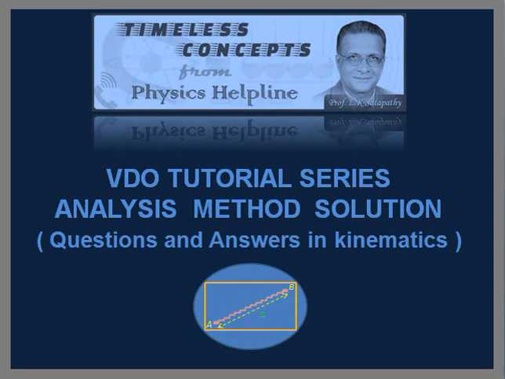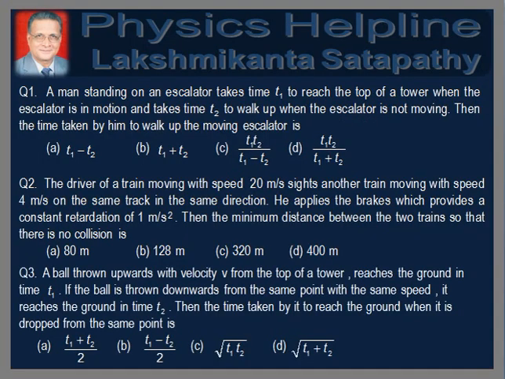The questions are as follows. Question 1. A man standing on an escalator takes time t1 to reach the top of a tower when the escalator is in motion and takes time t2 to walk up when the escalator is not moving.